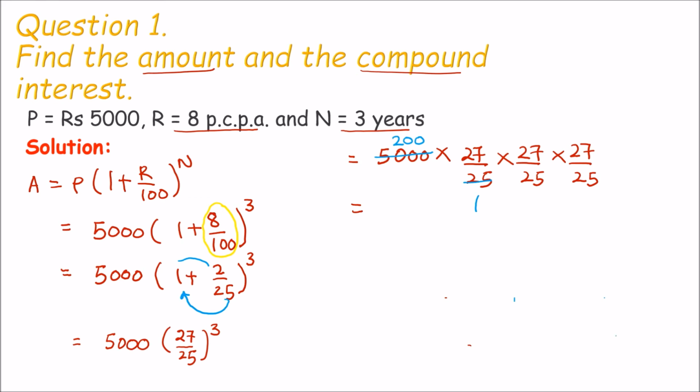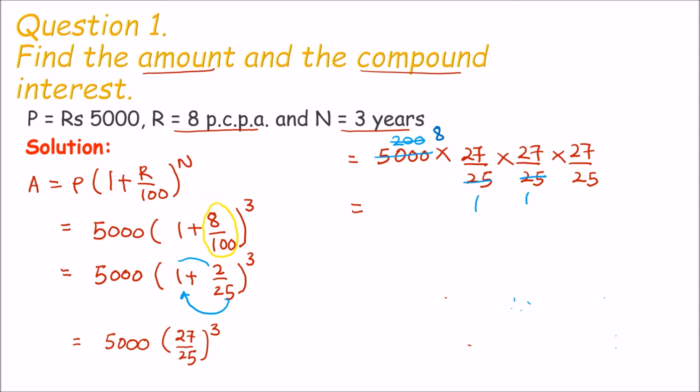Now in the same way you can cancel this 25 and this 200. Both come in the table of 25. So 25 ones are 25 and 25 eights are 200. Now no more cancellation is possible.